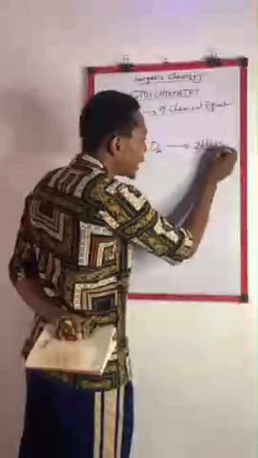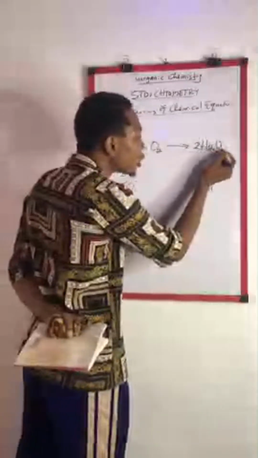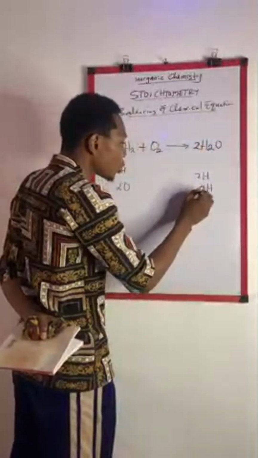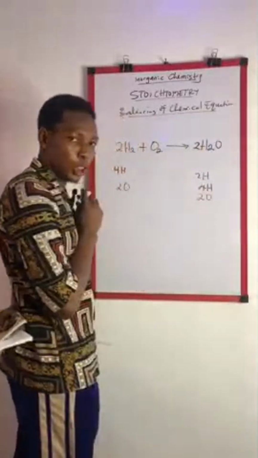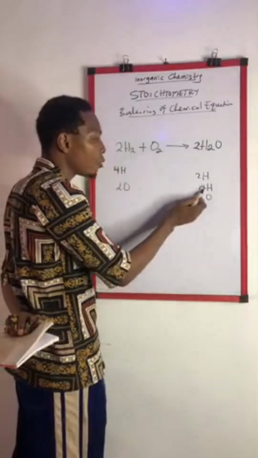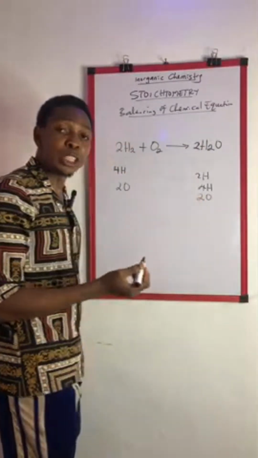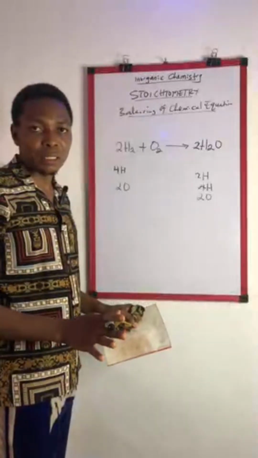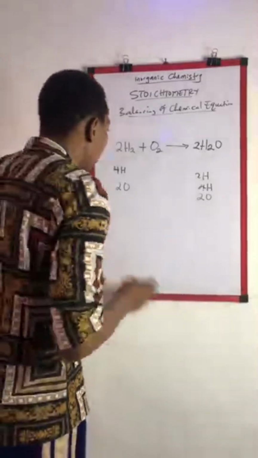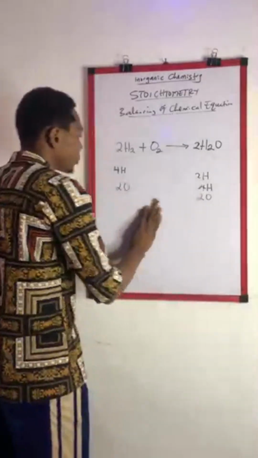Here I have an invisible 1. 2 times 1 is 2. It simply means that at the product side, we are also having 2 oxygen. So here we have 2 oxygen and 2 oxygen, 4 hydrogen and 4 hydrogen. It simply means that the equation is balanced. Okay, now let's move to the next one.